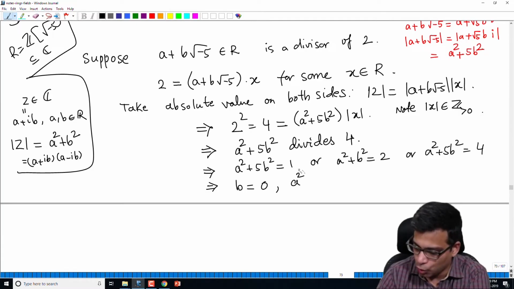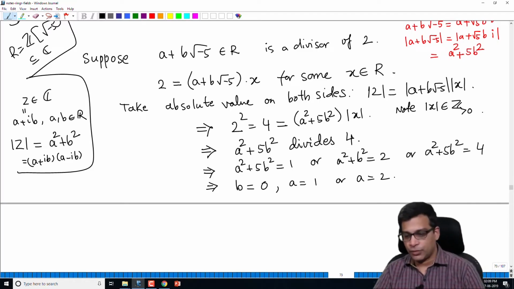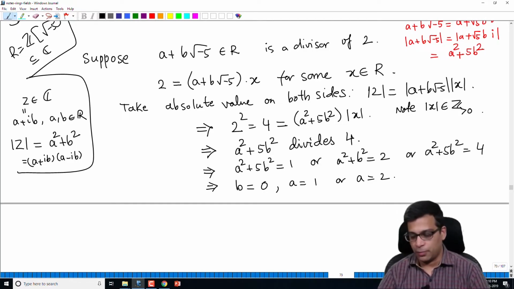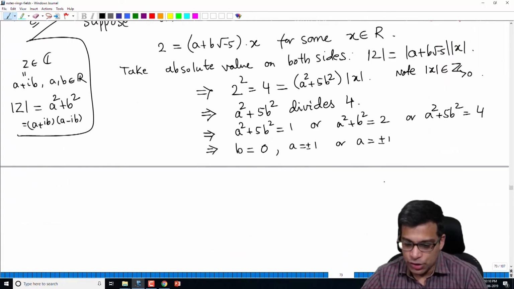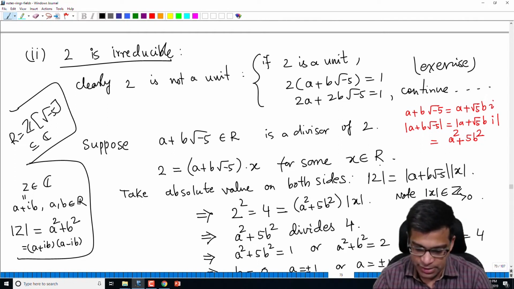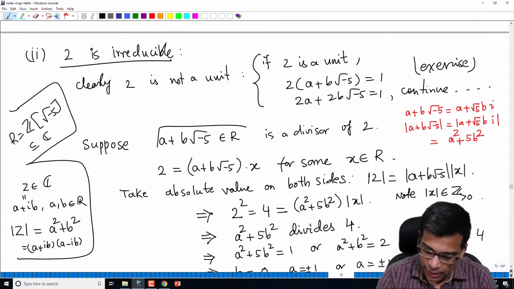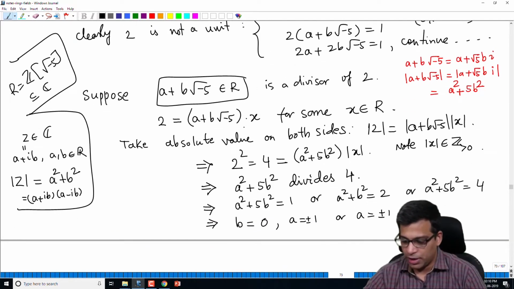It cannot be 2. So a is 1 or a is 2, or of course plus or minus 1, plus or minus 2. But immediately you see that the arbitrary divisor that we started with, a plus b times square root minus 5, is either plus or minus 1 or plus or minus 2.